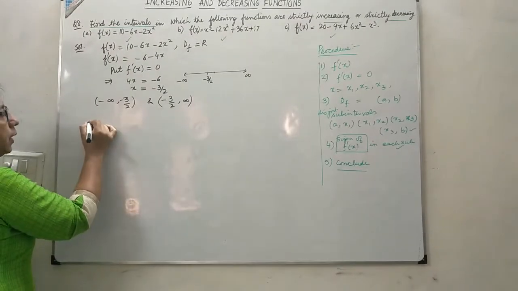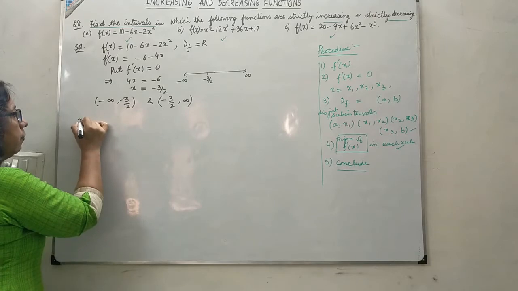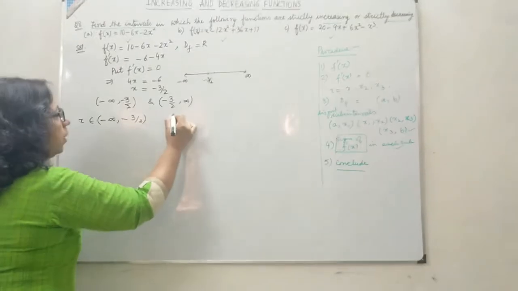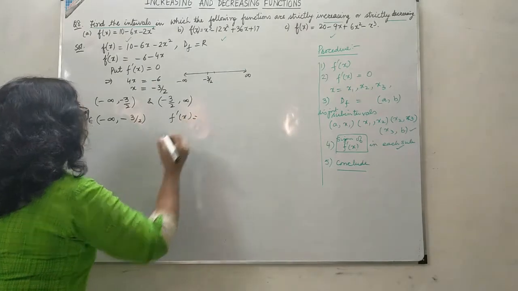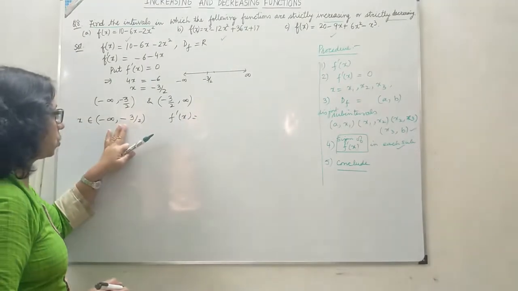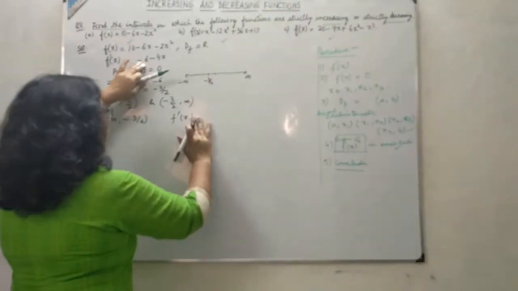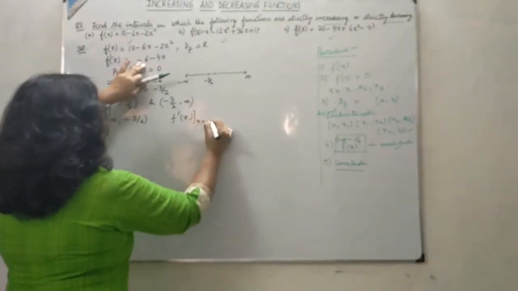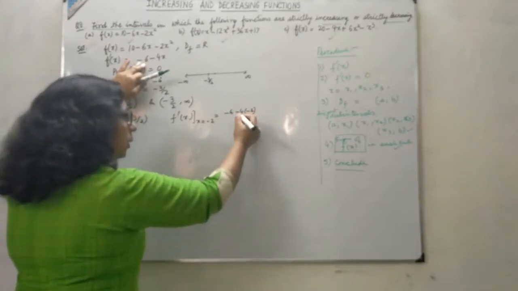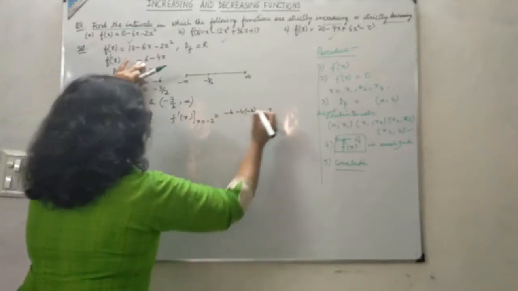Now, I check the sign of f dash x when x belongs to minus infinity to minus 3 by 2. If I take any point in this interval, let me take x equal to minus 2, its value is minus 6 minus 4 times minus 2, that is 8 minus 6, that is 2.